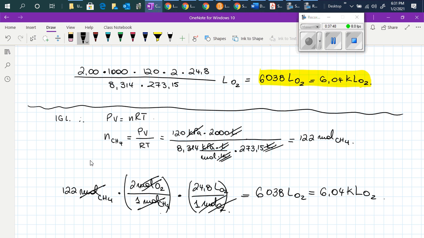It's the same numbers, same answer, but the first is one step, going through the whole thing, and this is doing it step by step. Both of them are fine. I'm good with whatever fits you.